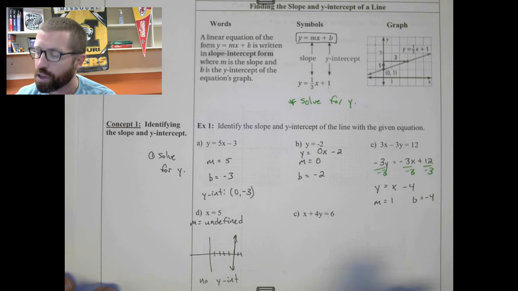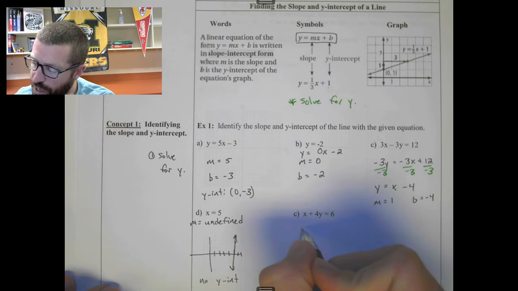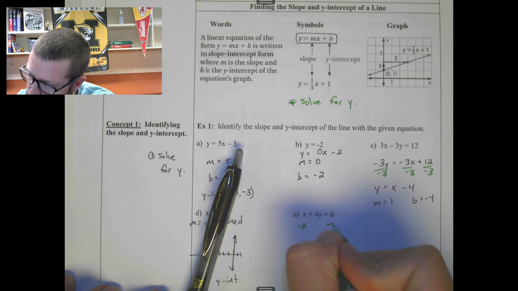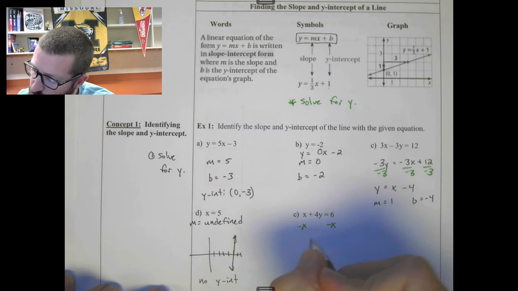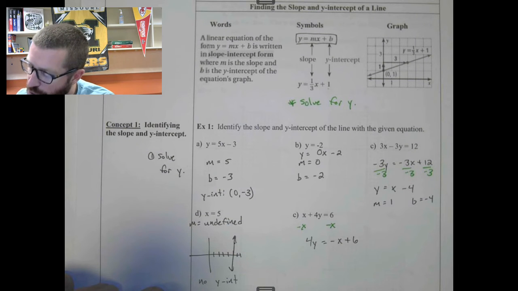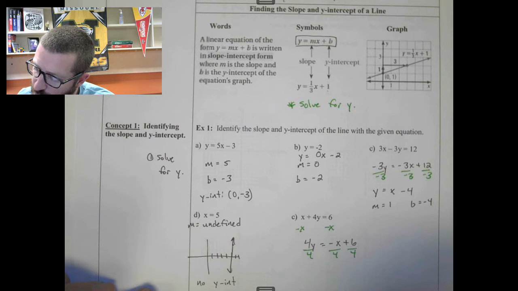Okay, and then on C, we need to solve for y, so let's subtract x from both sides, and we'll write that out. And you get 4y is equal to -x plus 6, and then divide everything by 4. And so y is equal to -x over 4 plus 3 over 2 when you reduce.